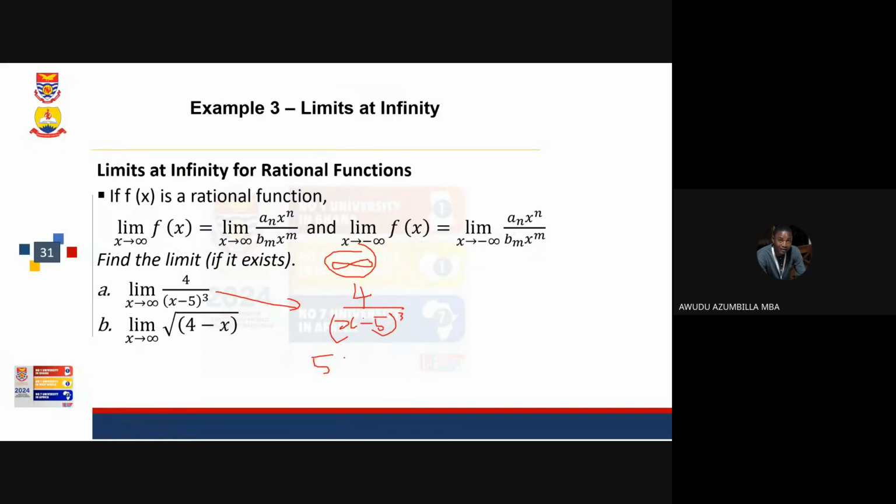Let's start from any number. If I use 5, it means that we have to go far. Let me start with 2.